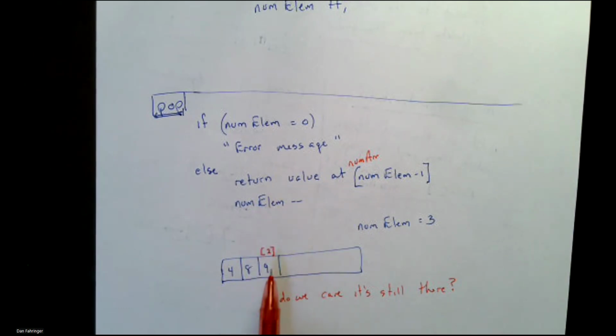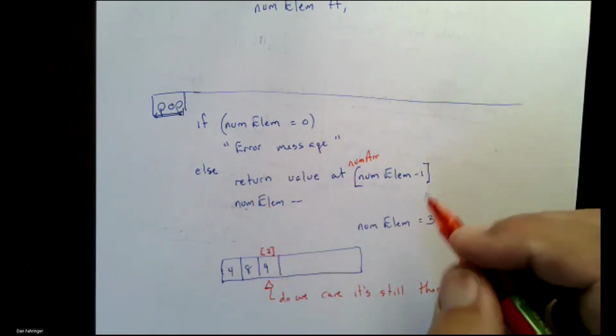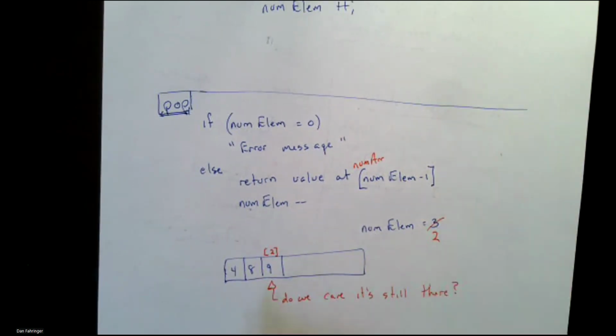Okay. Now there's a 9 sitting here. I know there's only 2 elements now. Num elements now became 2, the 4 and the 8. Do I need to worry? Do we care if it's still there? For today, no, we don't care. Down the road, we're going to have to care.